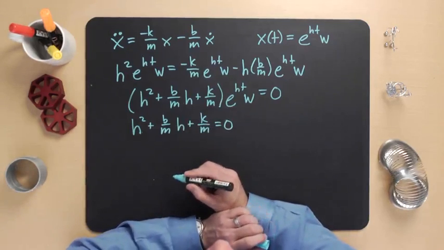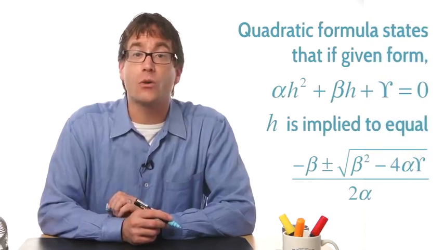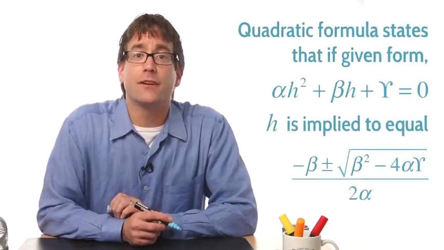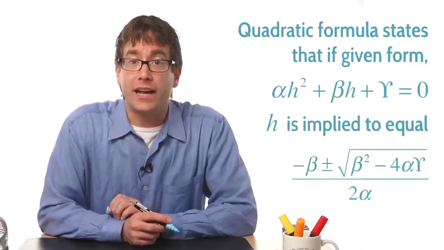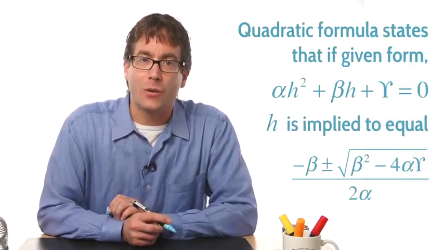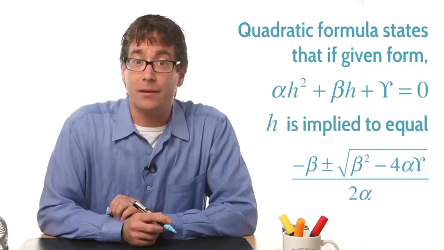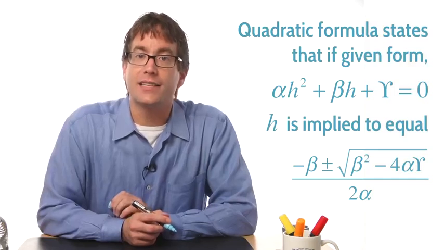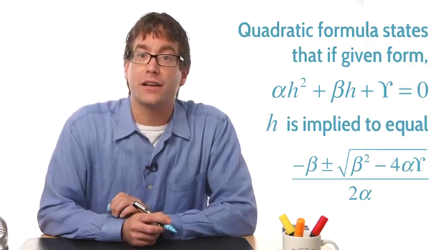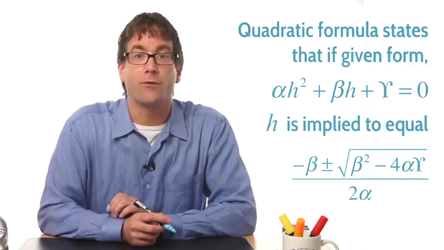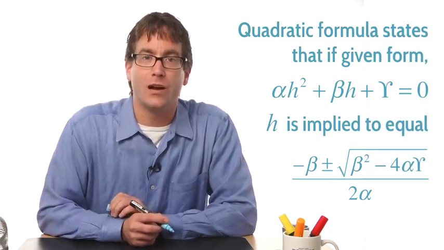Hopefully you recognize that this is in quadratic form, so we can use the quadratic formula, which says that if we have three coefficients, alpha, beta, and gamma, then alpha h squared plus beta times h plus gamma equal to 0 implies that h is equal to negative beta plus or minus the square root of beta squared minus 4 alpha gamma, all of that divided by 2 alpha.